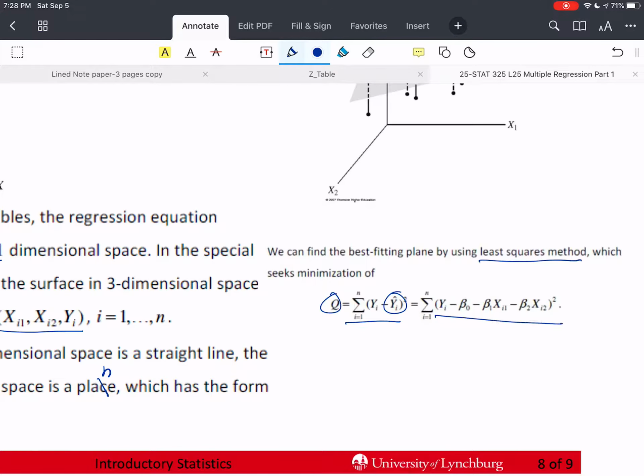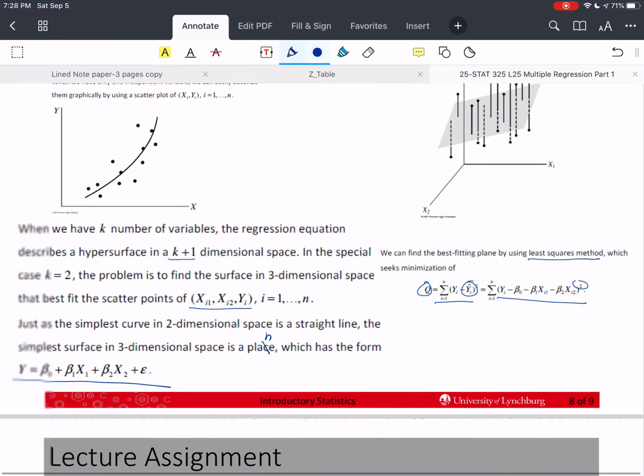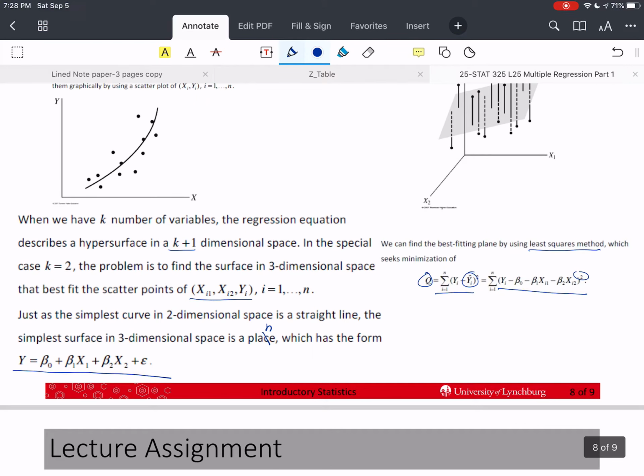We have this lovely equation, and then we can take derivatives with respect to each of the coefficients, and we can solve these equations and come up with the best fit equation for the plane through the points. Okay, so that's an introduction of what we're doing.